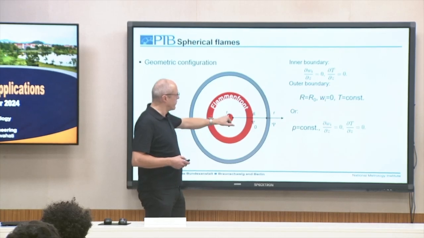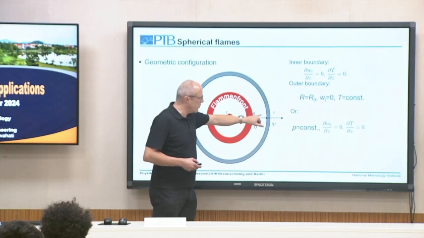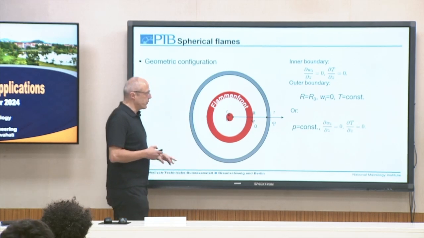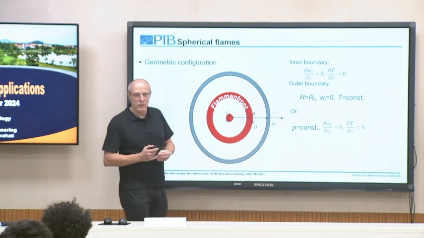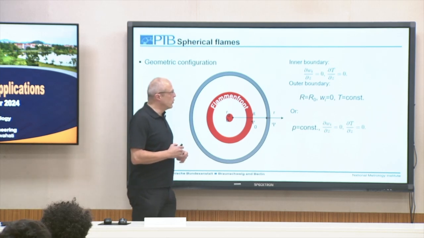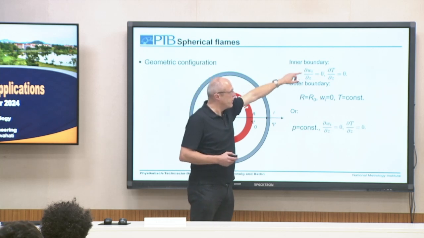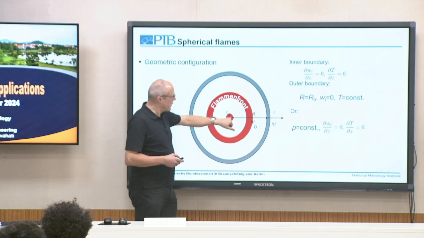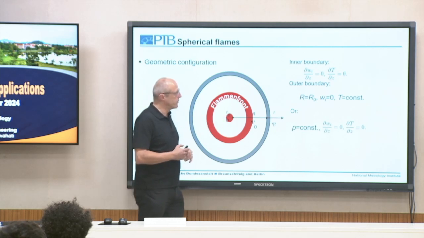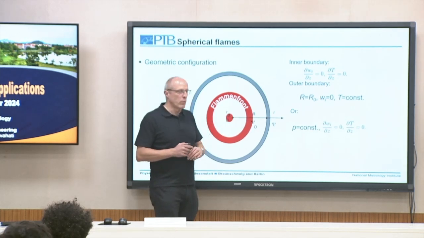So we need to know the inner boundary conditions and the outer boundary conditions, and we need to know the initial conditions along this coordinate. We can use here for this specific setup, for example, vanishing gradients at the beginning. That means there is no change of the quantities here at the inner boundary, and here we have fixed wall temperature and fixed wall position.